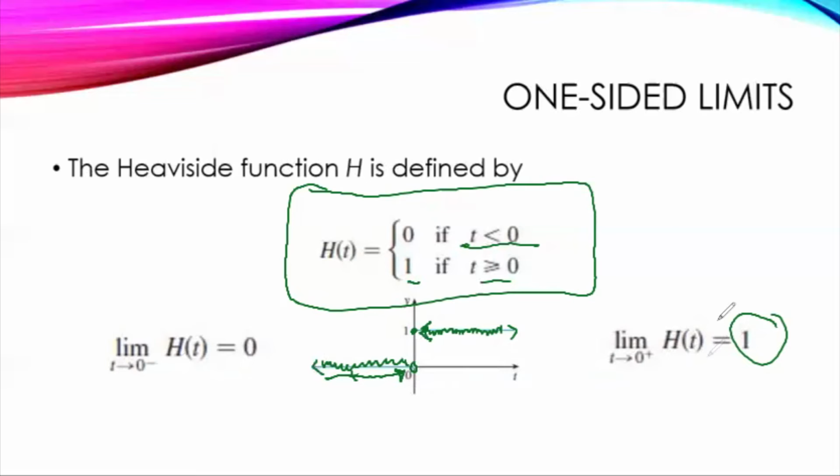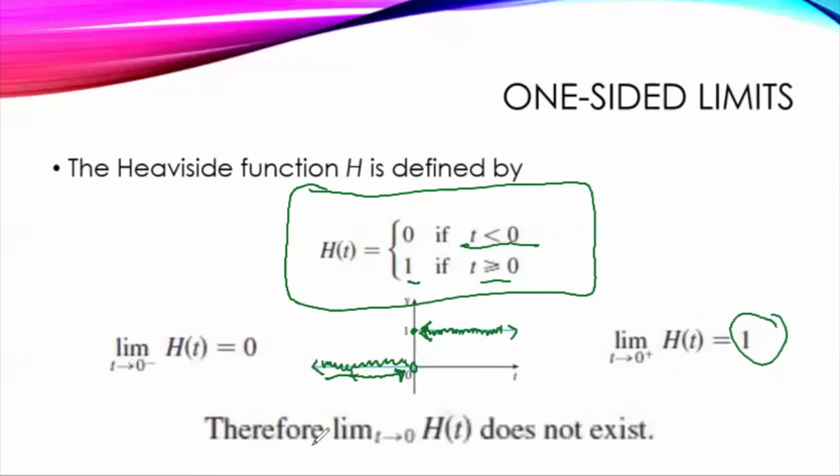So therefore, what do you think is the limit of h of t? The limit of h of t as t approaches 0 does not exist. It does not exist because there is a theorem that for the limit of a function to exist, the left-hand side limit must be equal to the right-hand side limit. In this case, the left-hand side is 0, which is not equal to the right-hand side limit, which is 1.